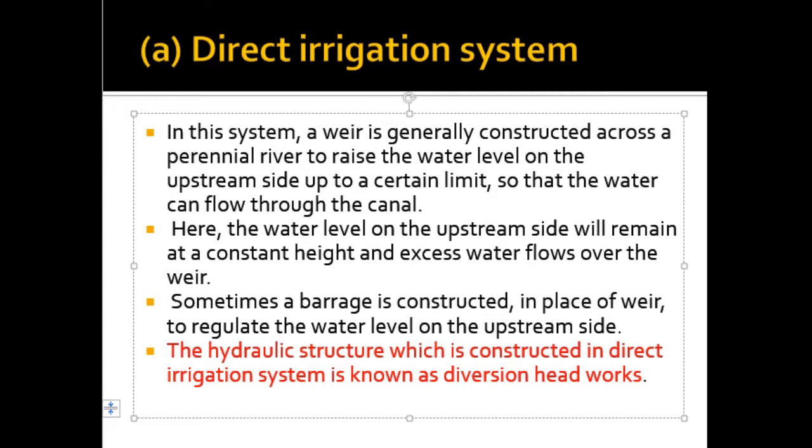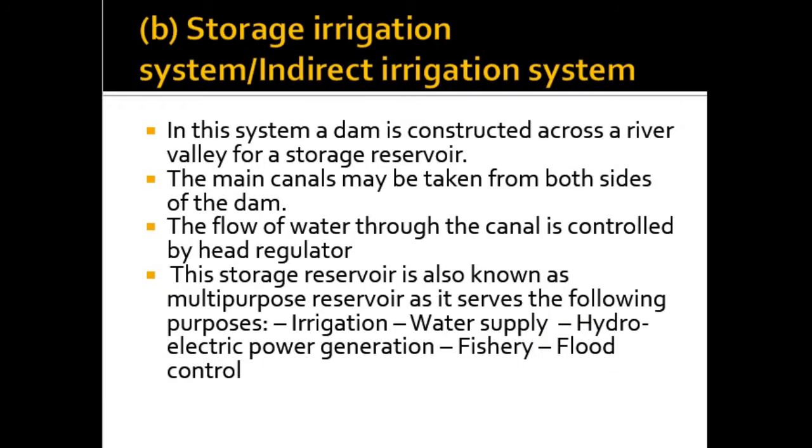Sometimes a barrage is constructed in replacement of the weir to regulate the water level on the upstream side. The hydraulic structure which is constructed in the direct irrigation system is also known as diversion headwork.